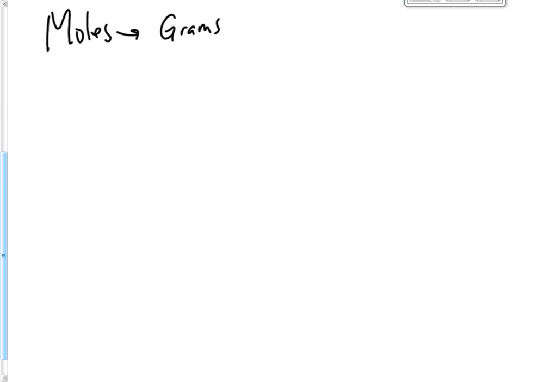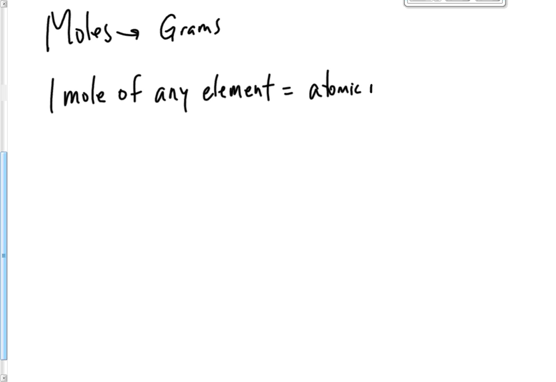The first thing you have to be able to understand with the moles to grams is that you're going to be using your periodic table a lot. All right, so 1 mole of any element is equal to the atomic mass of the element.